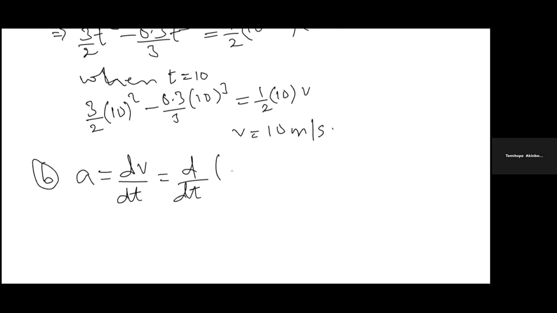That's d dt of 3t minus 0.3 t raised to power 2. So tell me the derivative of that. 3 minus 0.6 t. Very good. So that's the acceleration.